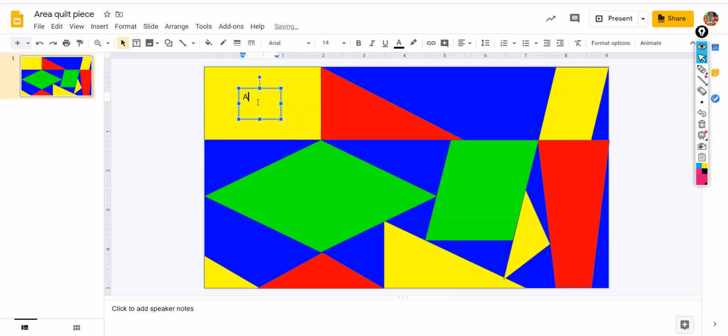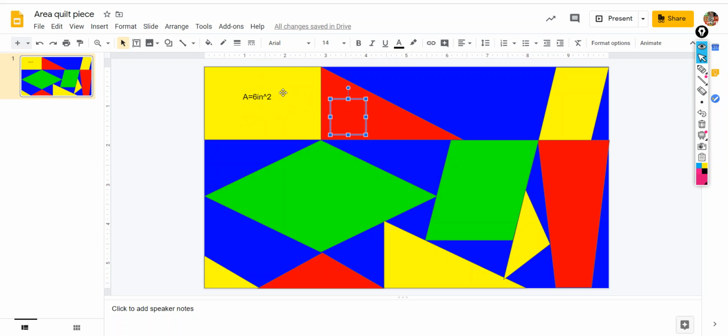So area is equal to 6 inches squared. Okay, and there are ways you can do the squared up here, but it's just simpler to just type it in this way.